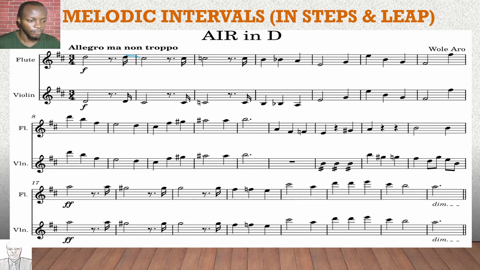All right, we have this going down, and we have another step here. We have another step here, and further going down, right? And going down too. So you have those steps there. There's another one here, and mind you, we also have the same thing happening in the violin part, right?